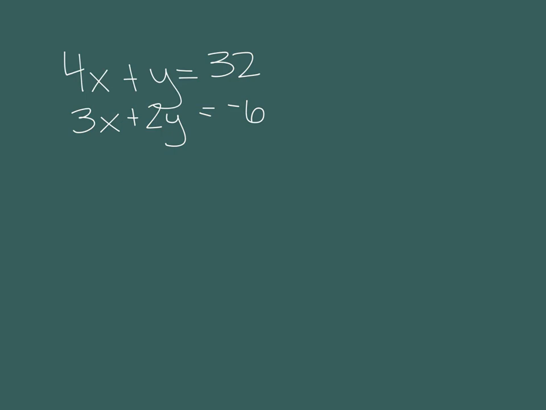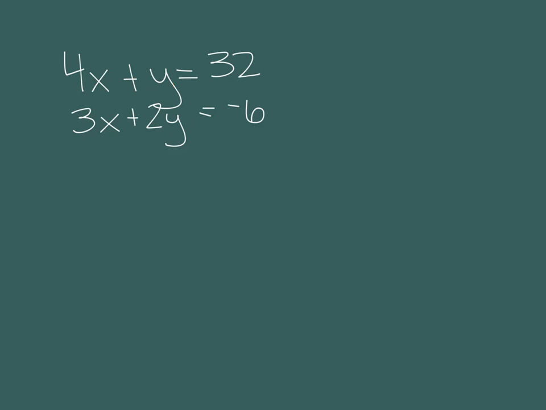In this problem, I'm given 4x plus y equals 32, and 3x plus 2y equals negative 6. Now, we know from working out all the problems in this chapter so far that I can solve a system of equations by using graphing, substitution, or elimination. But in this problem, they're wanting you to say substitution because I have a y by itself here.